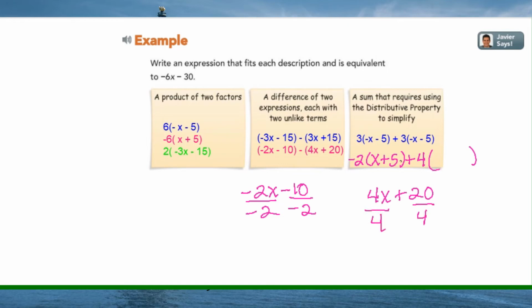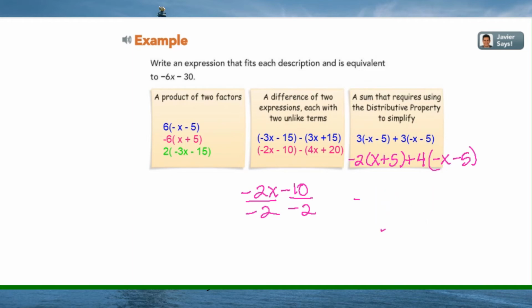Now we have to focus. We're distributing a positive number, but we want these numbers to be negative, so I'm just going to put negative signs here. Negative 4x divided by 4 is negative x, and then negative 20 divided by 4 is negative 5.